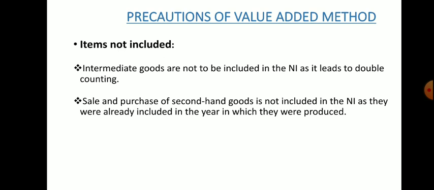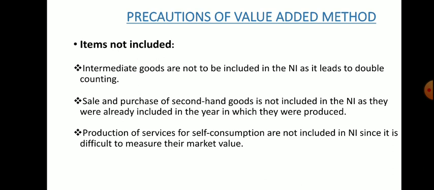If after using it for 1 or 2 years or 1 or 2 months you are reselling it to someone, this will be considered second hand, and he can also sell it to someone else, which would be third hand. So these second hand or third hand transactions should not be included. We have to include only the first hand transaction.